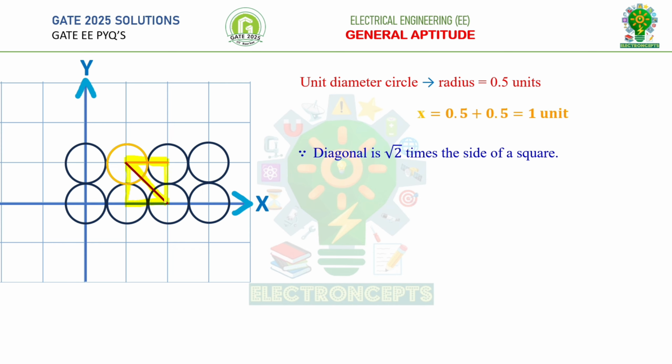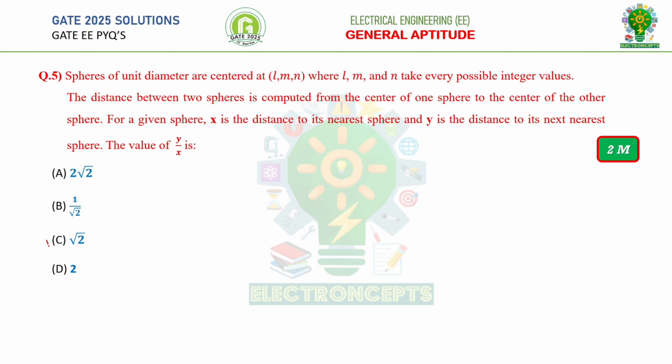We know that the diagonal is root 2 times the side of the square. Therefore, the distance y is equal to root 2 into 1, that is equal to root 2 units. Therefore, the value of y by x is root 2 by 1, which is equal to root 2. Therefore, the correct answer is C, root 2.